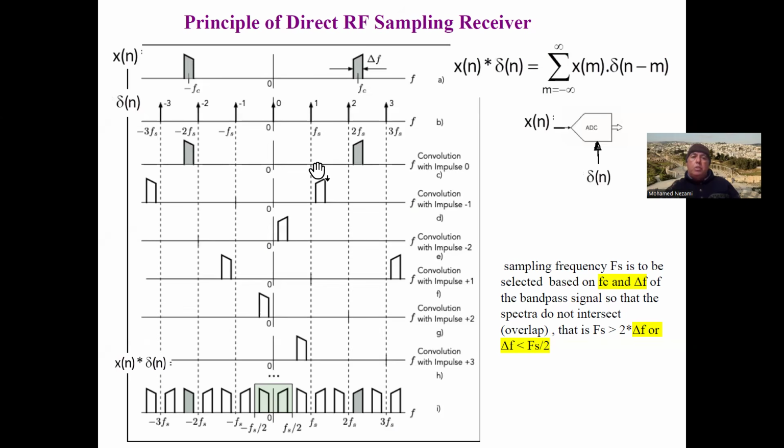So let's assume for the first one, which is at 0, which is this one here, we're evaluating this at M equals 0, and that's basically the same thing. So we're just copying the same signal here. Now for the negative one, -1, we convolve this one with these here, and all this is going to do is, when you have a delta impulse convolved with a sine wave of some sort, it's just a time shift.